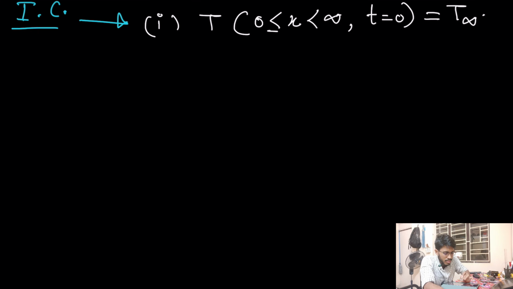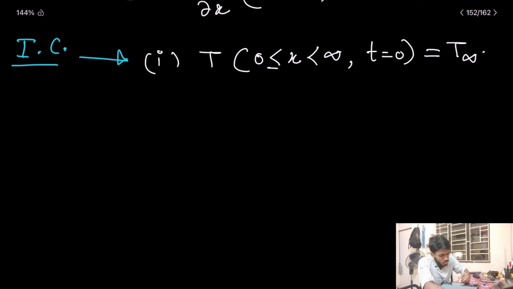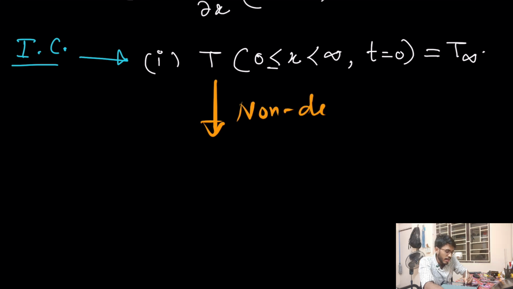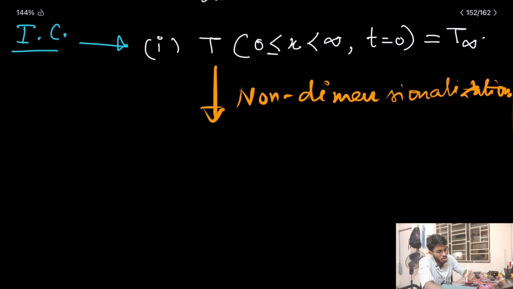Before coming to that, can you non-dimensionalize this one? So I will be non-dimensionalizing this one. And what is the motivation behind non-dimensionalization? The primary motivation is to make the mathematical description simpler.